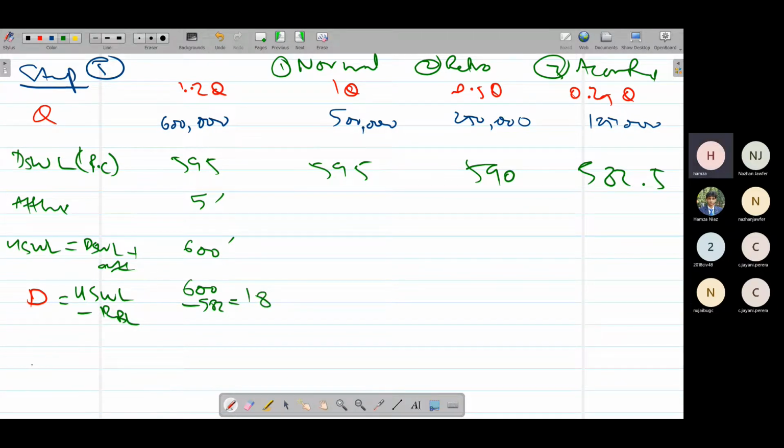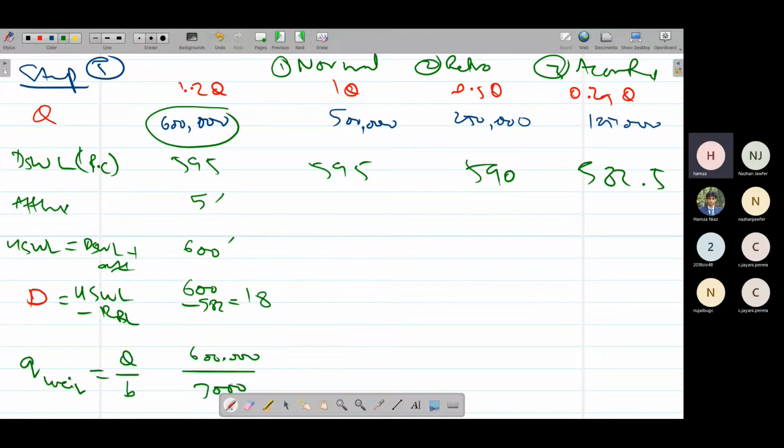After this, we can calculate the q here. Simply, this is Q over B. So we have Q as 600,000 and B as 3,000 feet. So we can calculate this as 166.7.